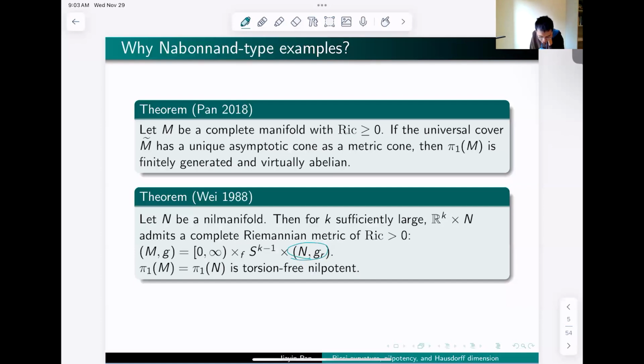In particular, in this example, the fundamental group is a torsion-free nilpotent group, which does not have any abelian subgroup with finite index.